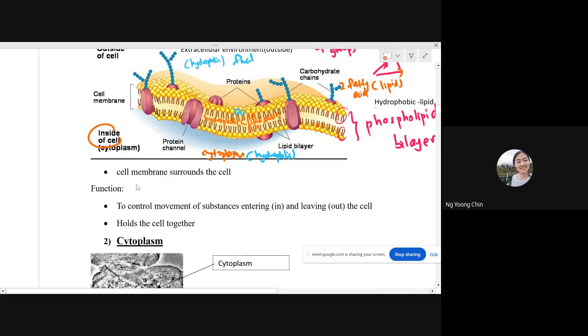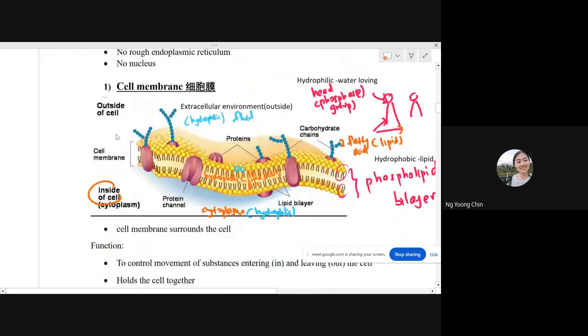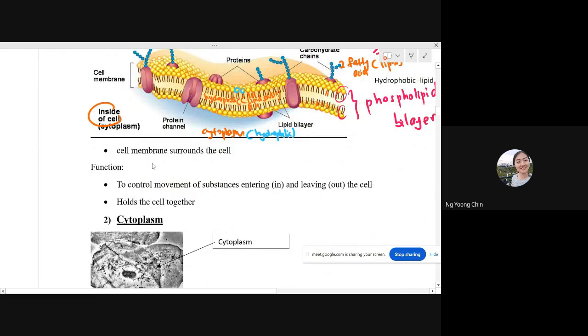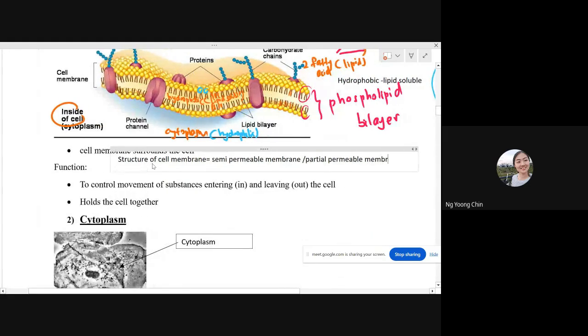If the question asks you about the structure or characteristic of the cell membrane, you can state that it is semi-permeable, or partially permeable.